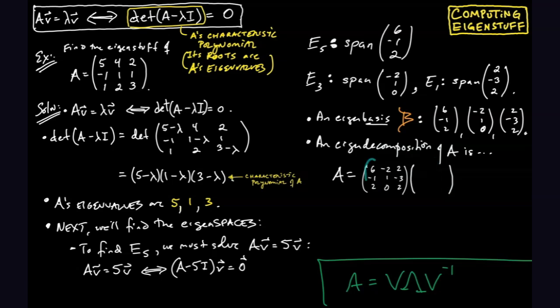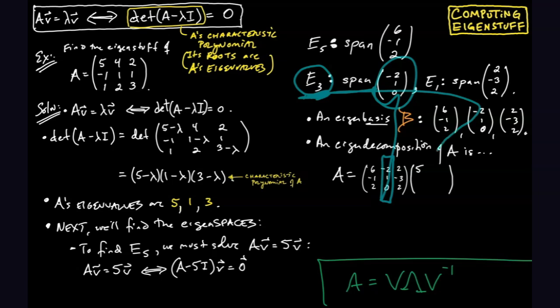So since the first eigenvector in our matrix V is (6, minus 1, 2), which is an eigenvector with eigenvalue 5, then the first diagonal entry will be 5. Similarly, our second column in the V matrix is (minus 2, 1, 0), which is an eigenvector with eigenvalue 3.